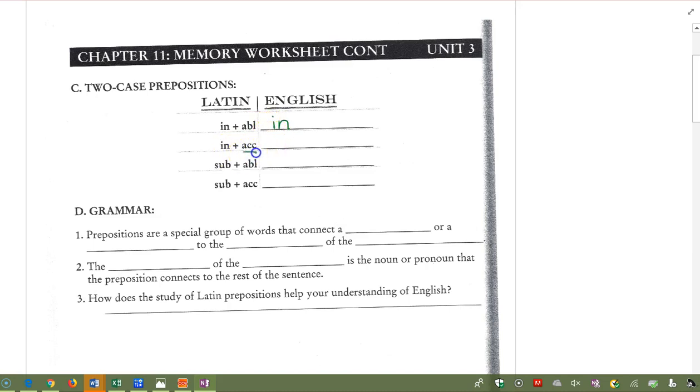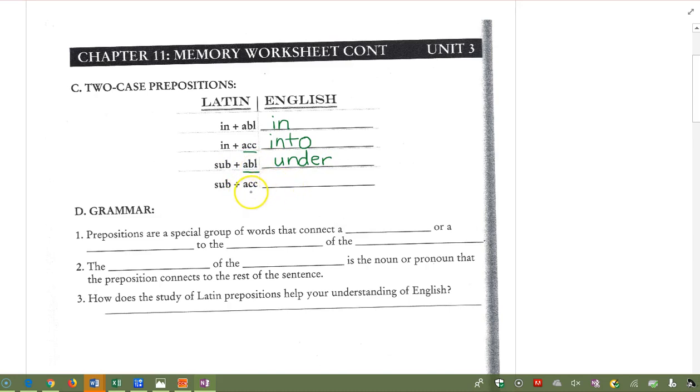In plus accusative shows motion toward, and this is into. So if you are jumping into the water or you're walking into the room, you use in plus accusative. Sub plus ablative, there's that motion away or no motion, and that's just under. So if you're under the water, it's sub plus water with an ablative ending.